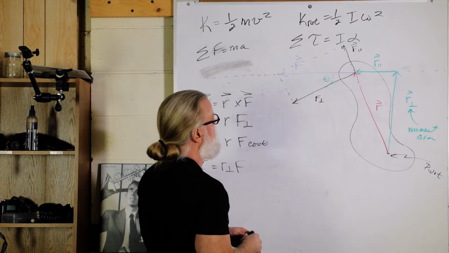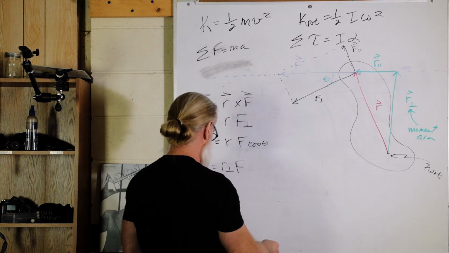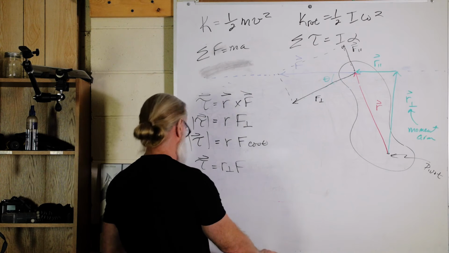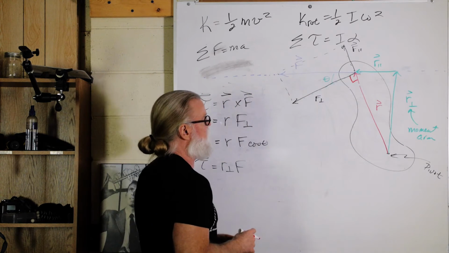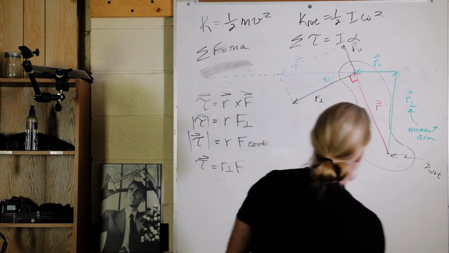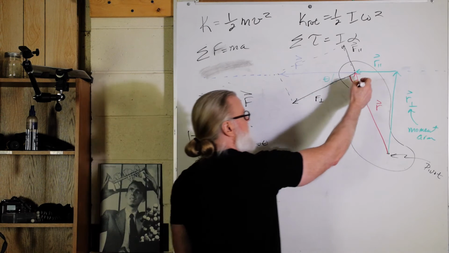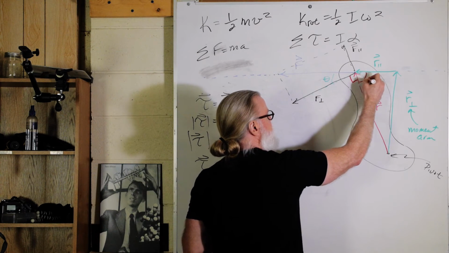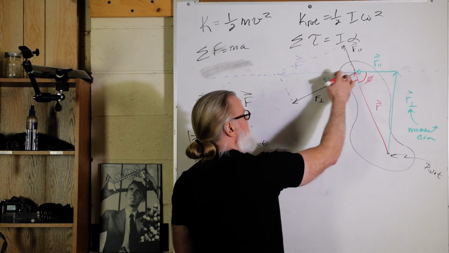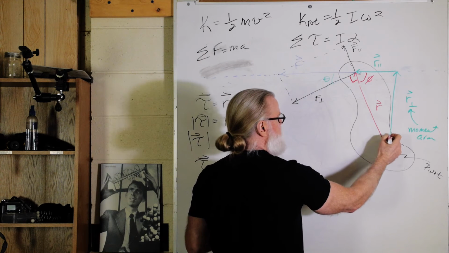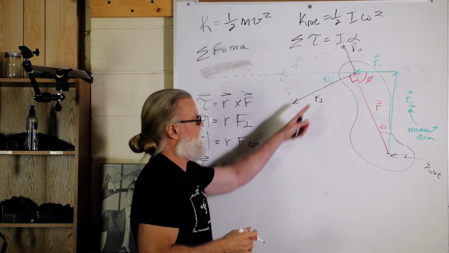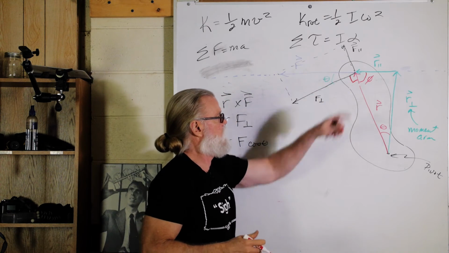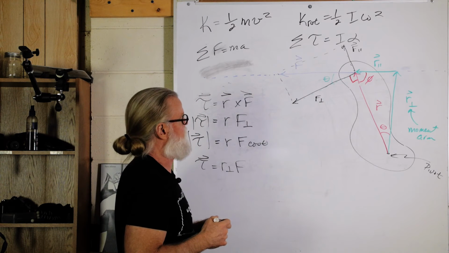So here we go. All right, let's take a look at our angles here. This is a 90-degree angle, even though it might not look like it. And I'll call this phi. These are complements. Therefore, this must be theta, because these have to add up to 90. All right, so that's theta.